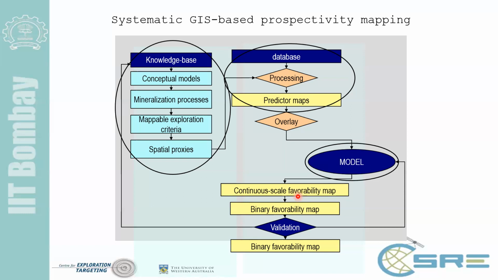And once we have all these targeting criteria or mineralization processes well represented in the form of GIS layers, the next step is to integrate them and then come up with an output that can be used for identification of our targets.